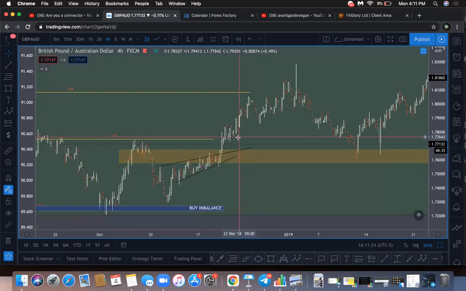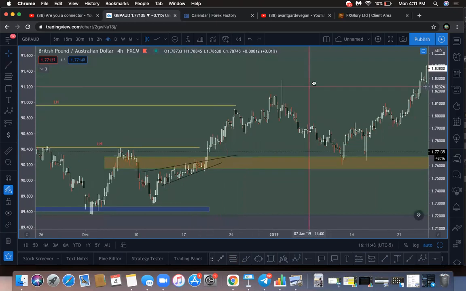So let's notice something. From this point right here, after these pullbacks, this was the point that broke structure on the 4 hour and never came back.